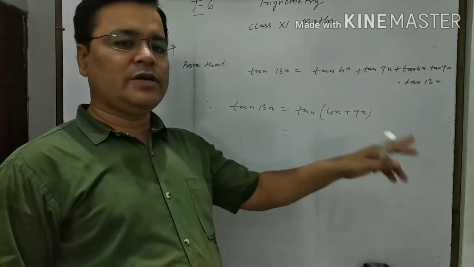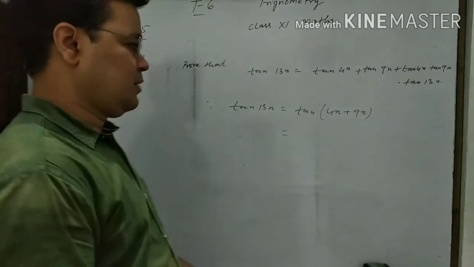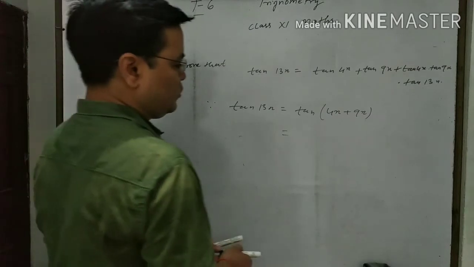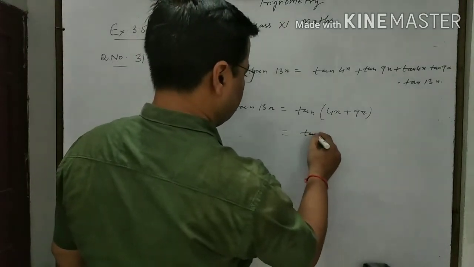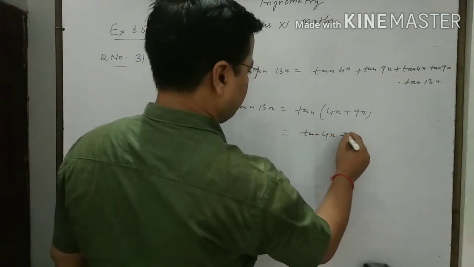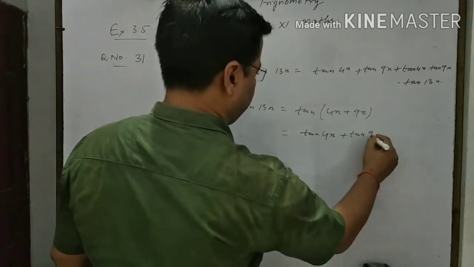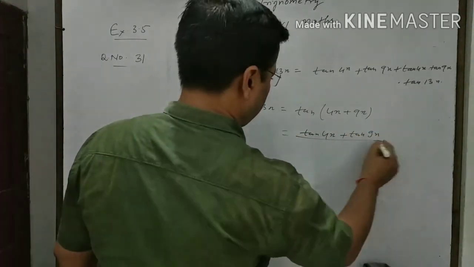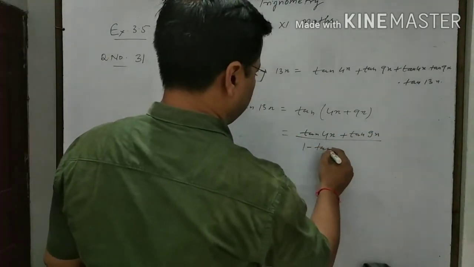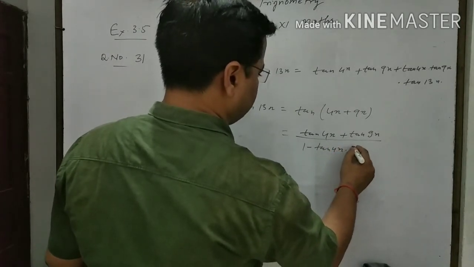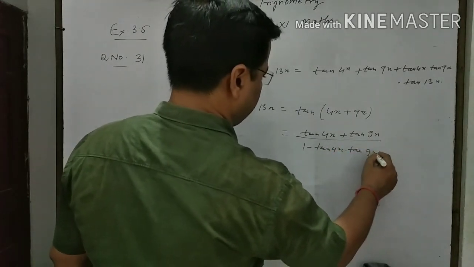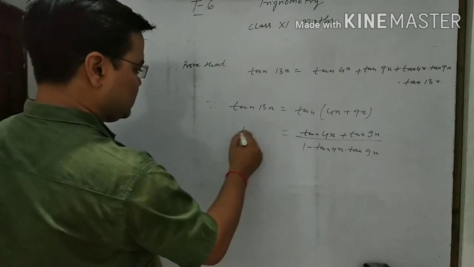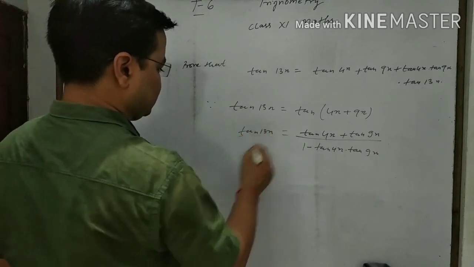Tan x plus tan y upon 1 minus tan x tan y. Using that formula, it will be tan 4x plus tan 9x whole upon 1 minus tan 4x into tan 9x, which is equal to tan 13x.